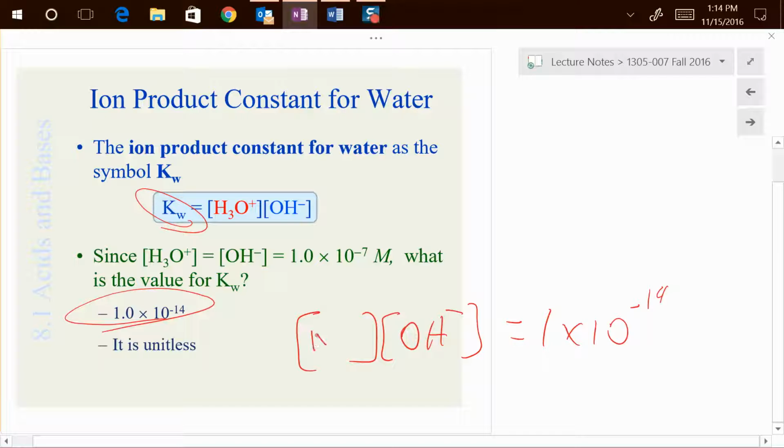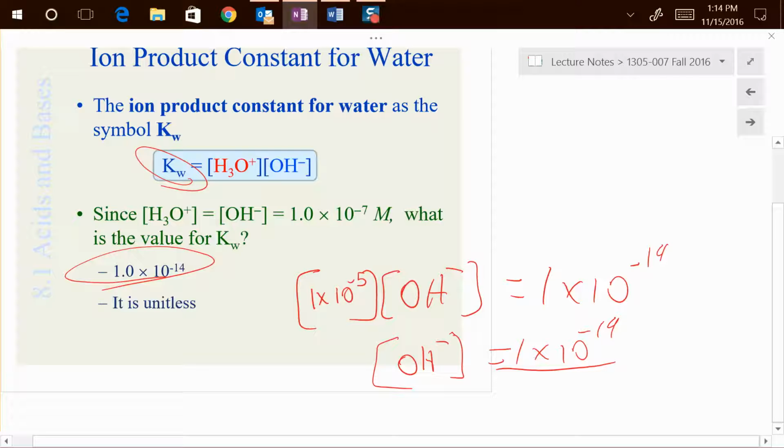What if it was 1 times 10 to the negative 5? Could I figure out what the OH minus concentration is? Yeah. OH minus concentration is equal to 1 times 10 to the negative 14 divided by 1 times 10 to the negative 5.